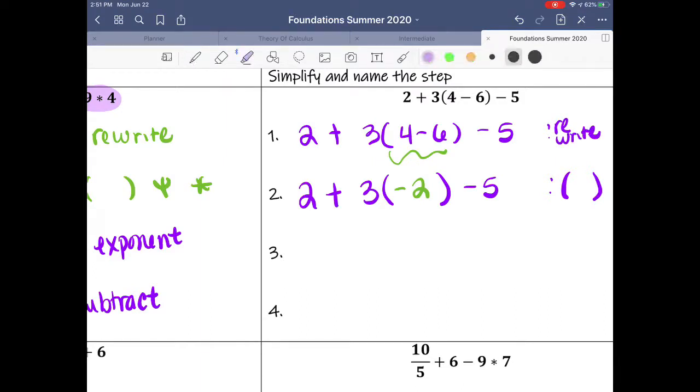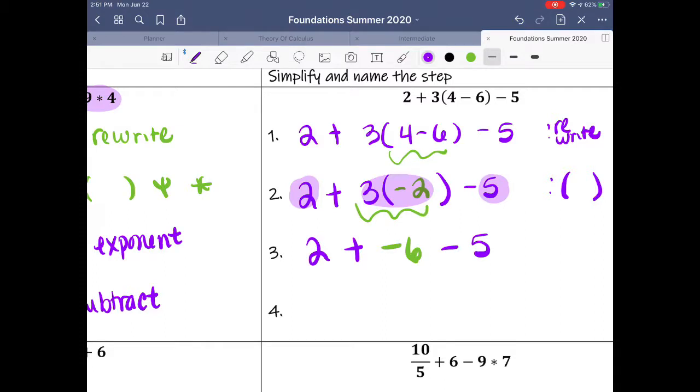And then I have these groups separated by plus and minus. So I need to deal with the groups before I add and subtract. The only group I can really deal with is this one. So 3 times negative 2 is negative 6.